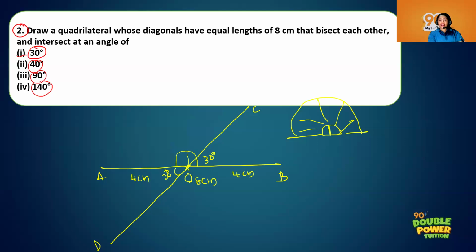First you have to draw a line segment AB of 8 centimeters and find the midpoint. That means each side should have 4 centimeters each, and give a point O. Then using your protractor take 30 degrees. BOC should be 30 degrees.